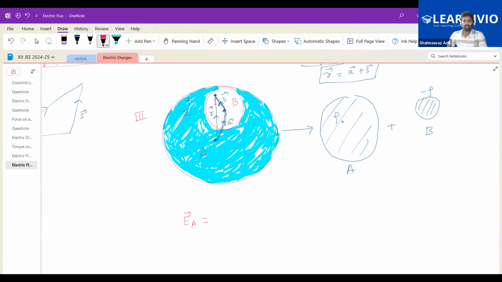What is the position of that point? Think about that and tell me what would be the electric field due to A sphere.